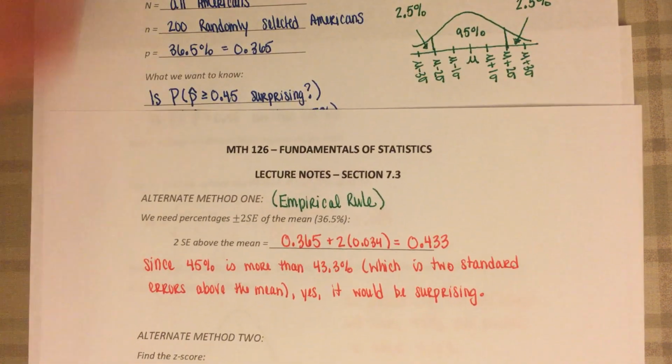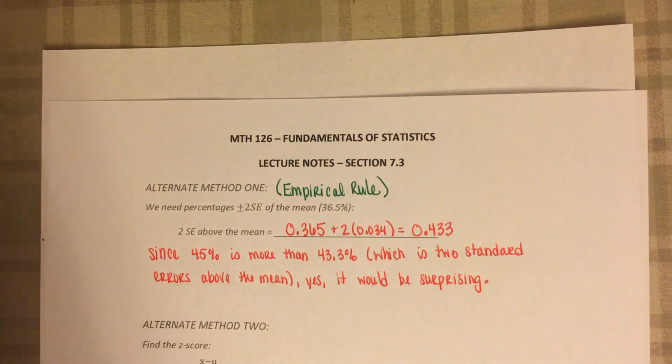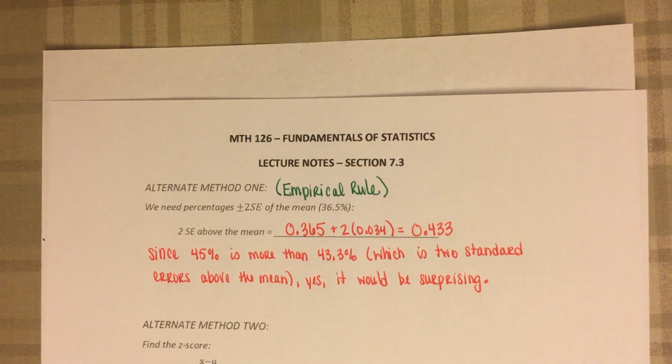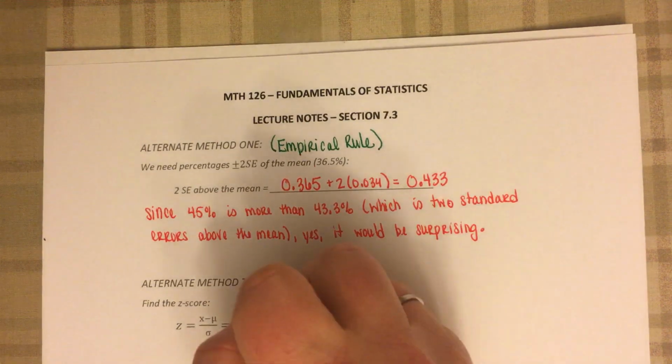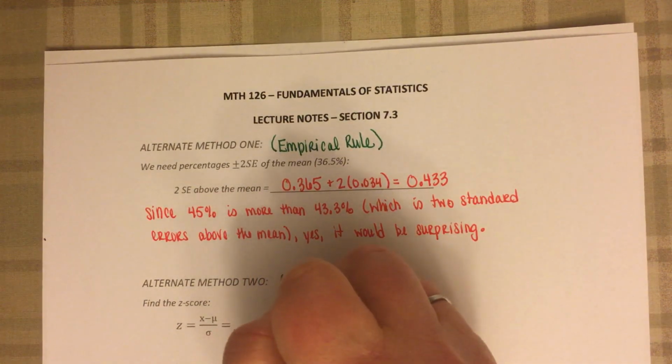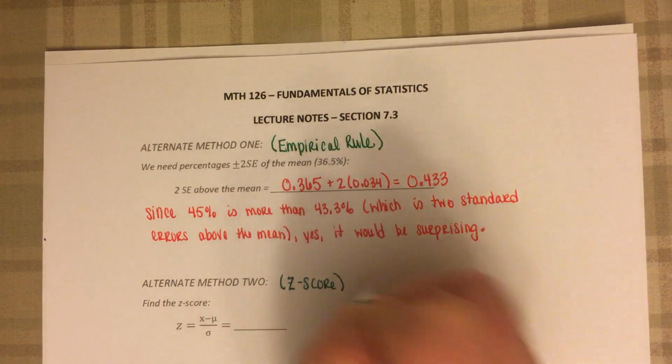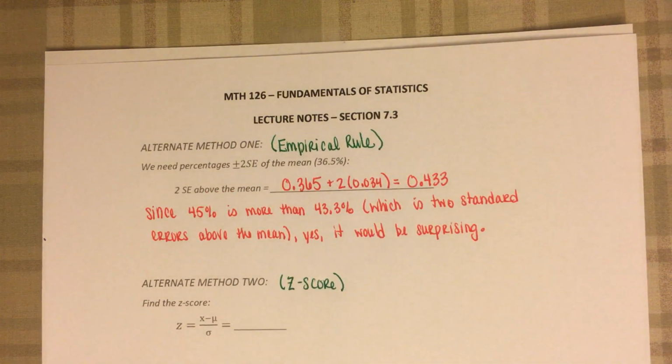Okay. Our second alternate method is we could find our z-score. So our second alternate method would be finding and using our z-score. Again, we would still need to find our standard error that we did on our previous page.